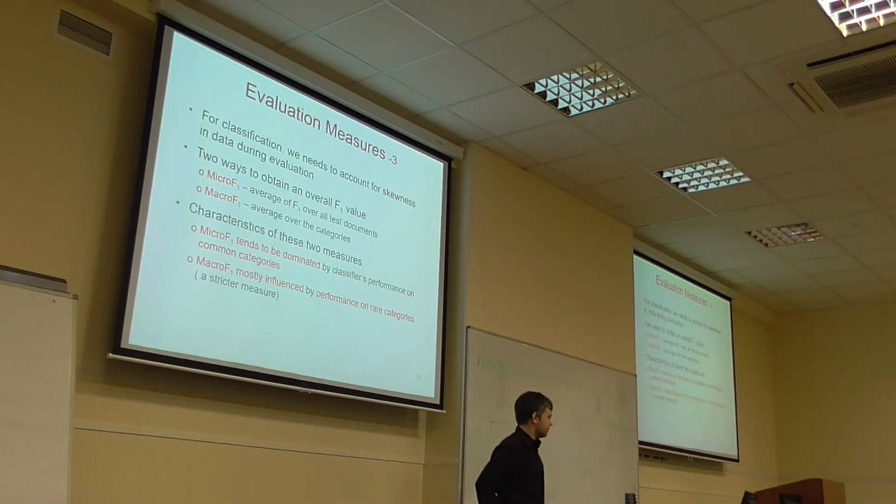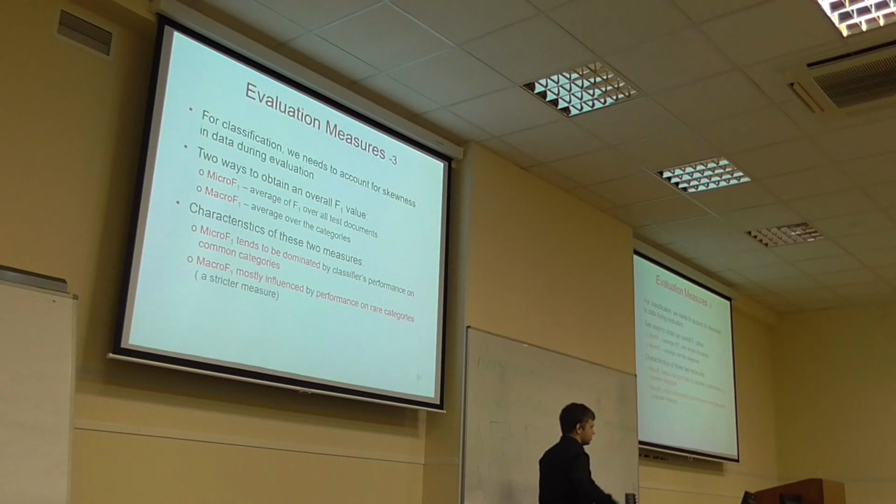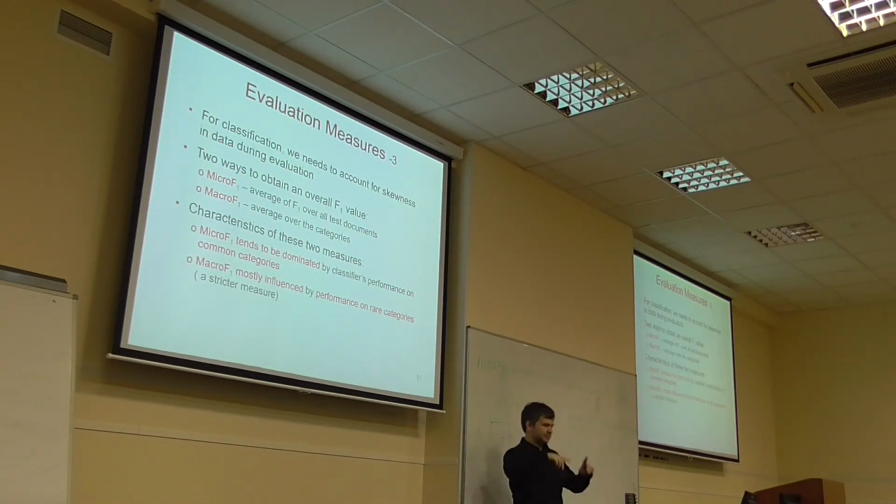Macro F measure is just the F measure for each category divided by n. In micro F measure you compute it over everything. Yeah, it is kind of accuracy. You're actually correct somehow, because you compute the overall performance over all categories and you favor the popular ones. Yeah, it's correct.